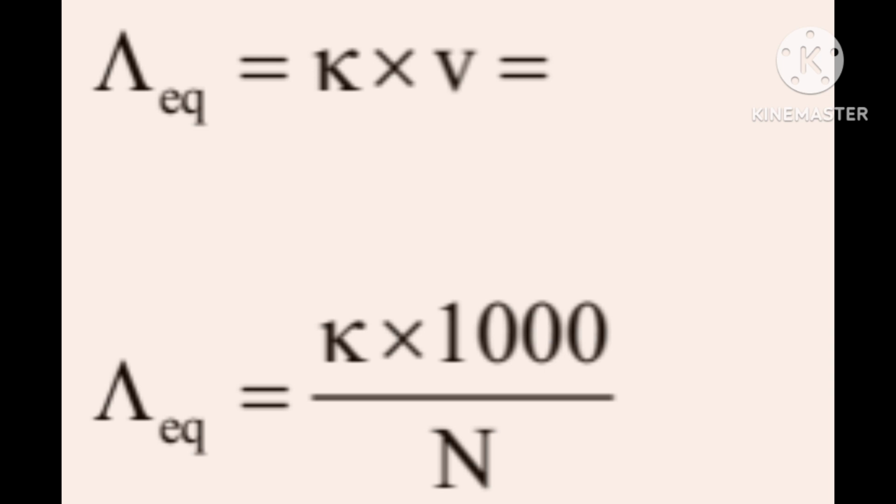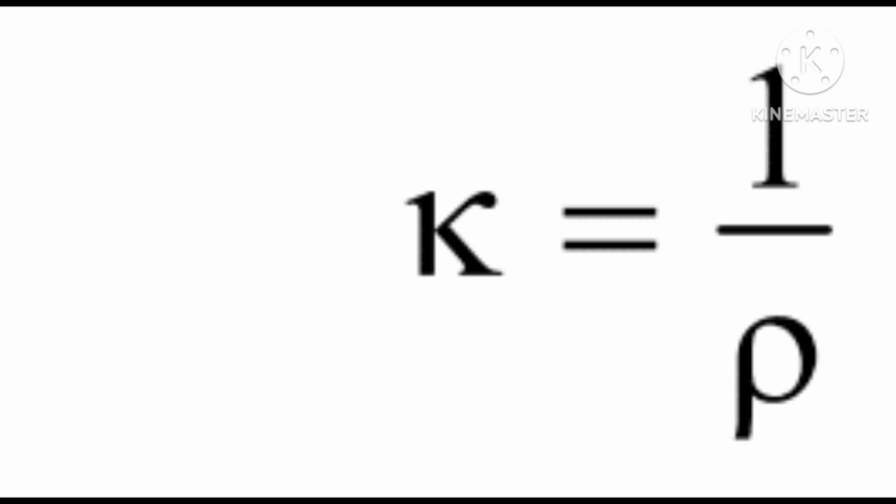Correct? Then for that one formula is there: Λm, the molar conductivity, is equal to the molar conductivity at infinite dilution, minus a constant into the concentration. Here the concentration is under root.